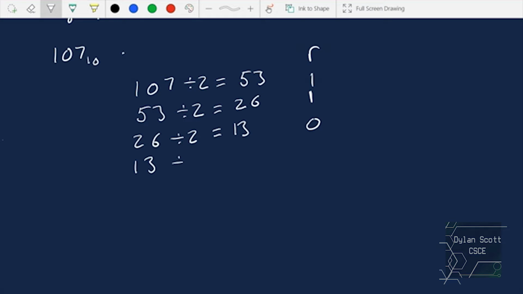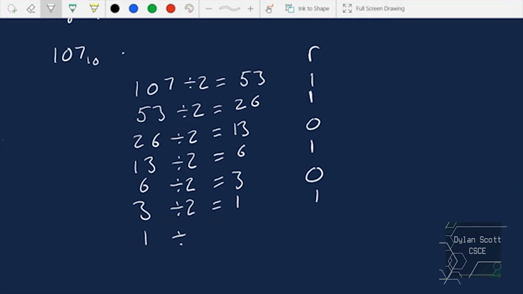13 divided by 2 is 6 with a remainder of 1. 6 divided by 2 is 3 with a remainder of 0. 3 divided by 2 equals 1 with a remainder of 1. 1 divided by 2 equals 0 with a remainder of 1.